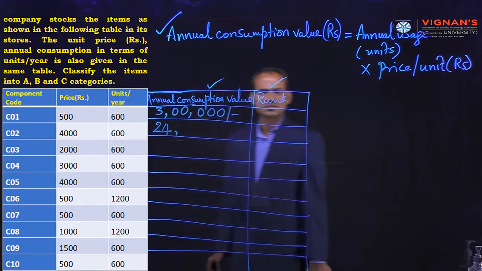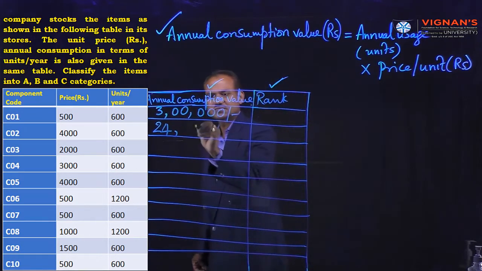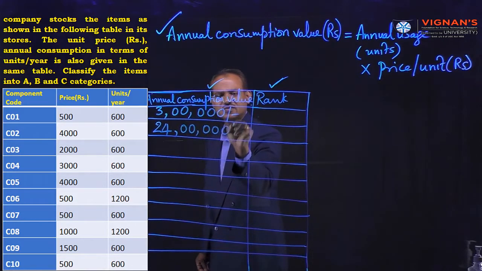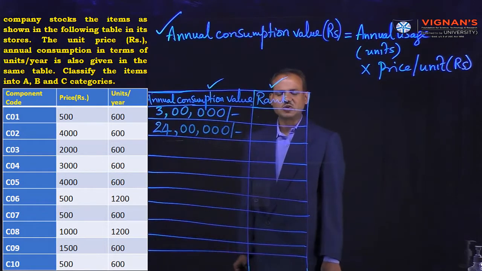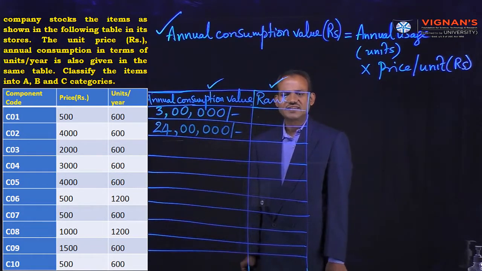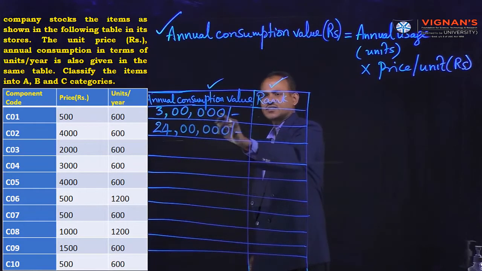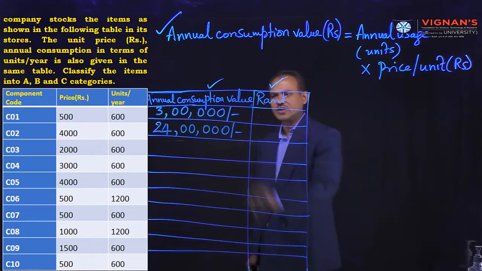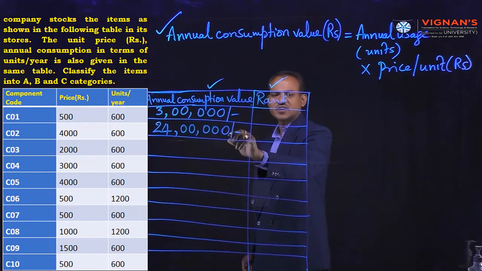For component 1, 500 into 600, 3 lakhs. For component 2, 4000 into 600, it is nothing but 24 lakh.